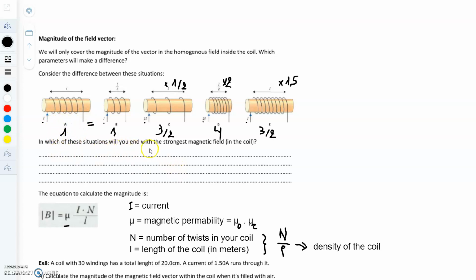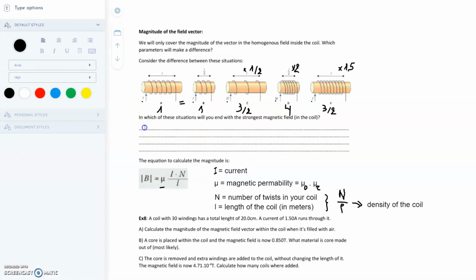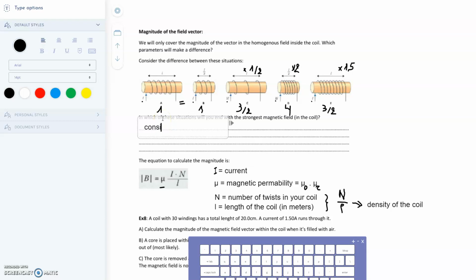So in which of these situations will you end up with the strongest magnetic coil? Consider the density of the coil first, which is the number of twists in this case divided by the length of the coil.